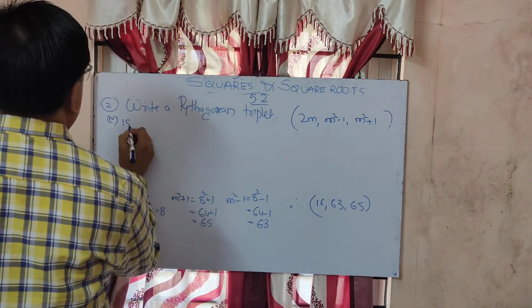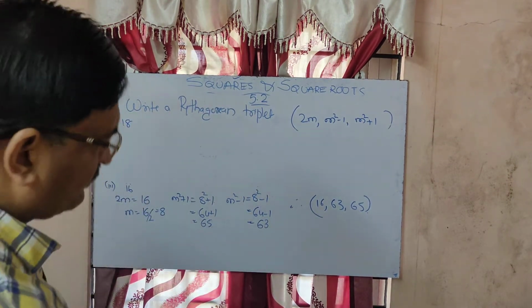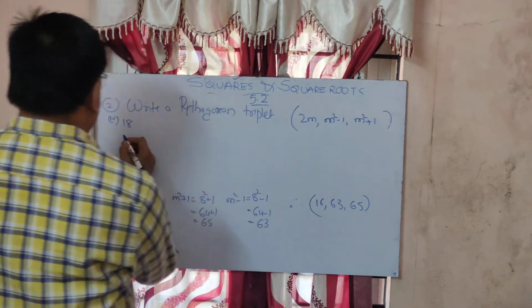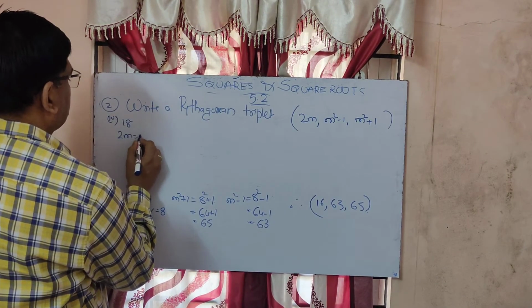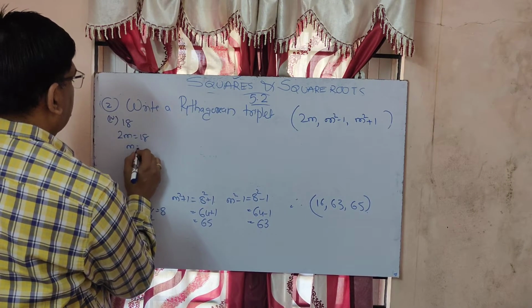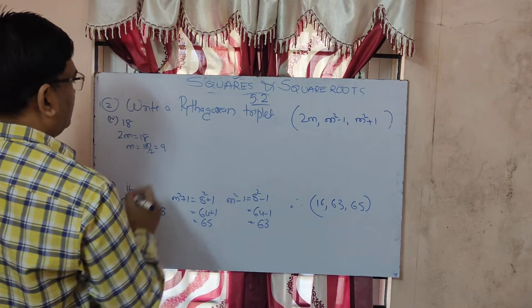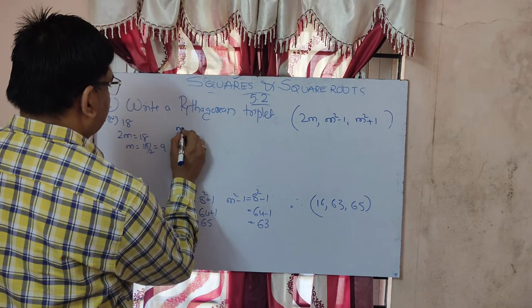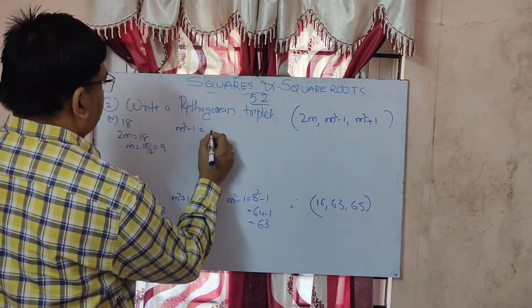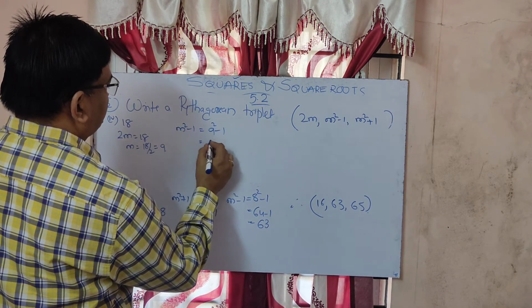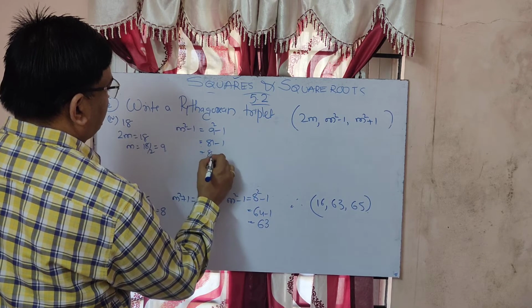Okay. The next one is 18. So take 2m. 2m is equal to 18 and m is equal to how much? 18 upon 2, that is 9. Next one is m square minus 1. 9 square minus 1. 81 minus 1, that is 80.